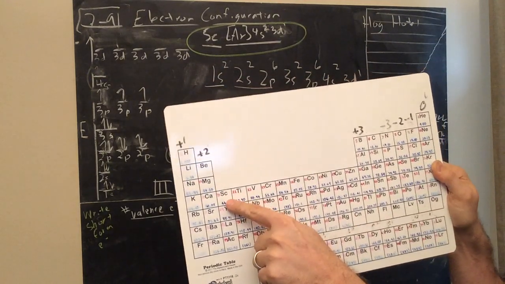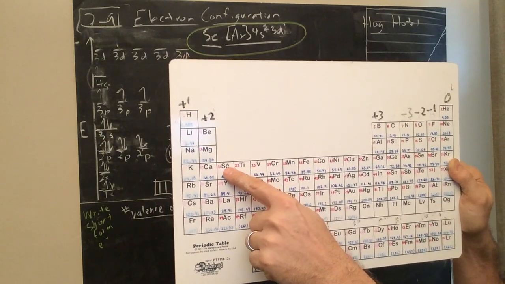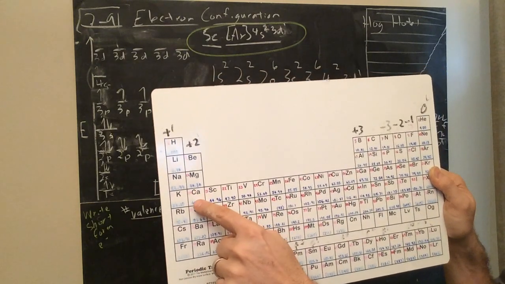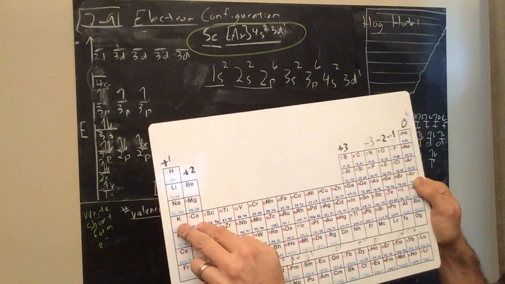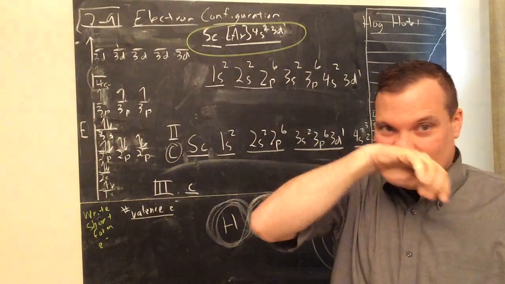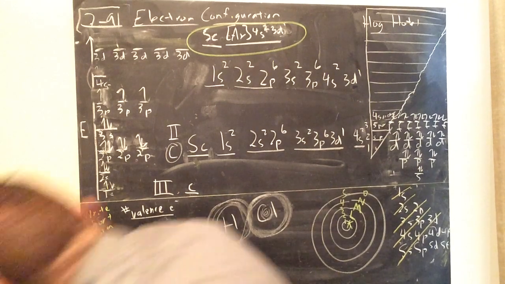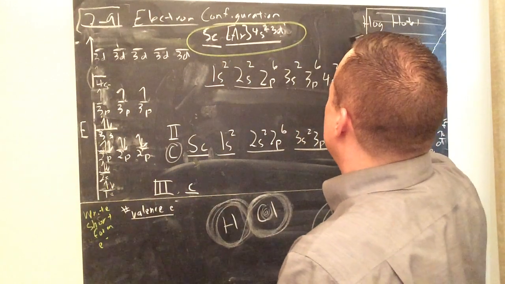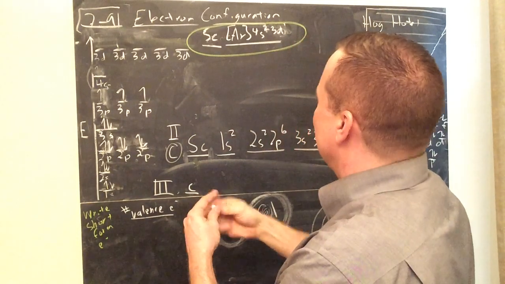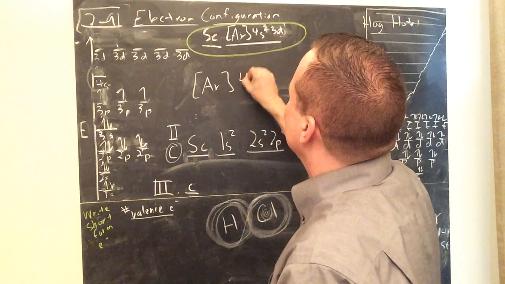So scandium is electronically the same as argon, but then you add 4s2, 3d1. Argon, 4s2, 3d1. All right, so argon, write the short form.